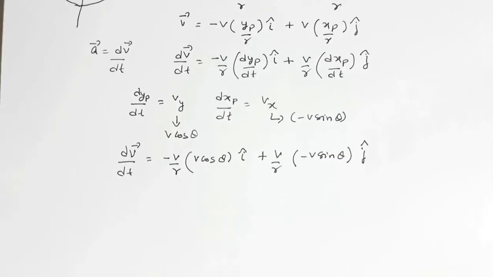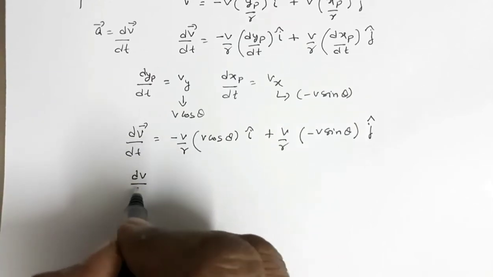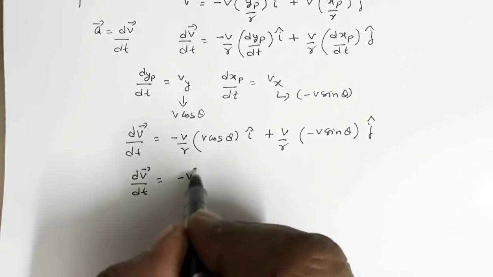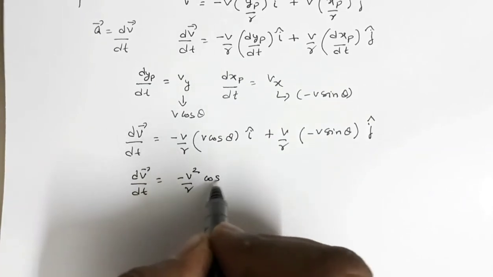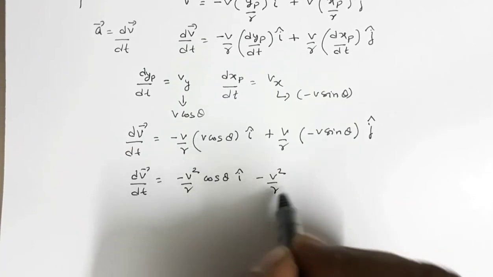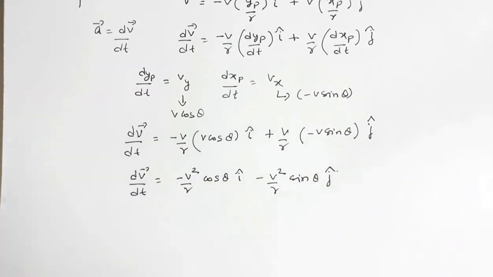So this reduces to dv by dt equal to minus v square by r cos theta i cap minus v square by r sin theta j cap.